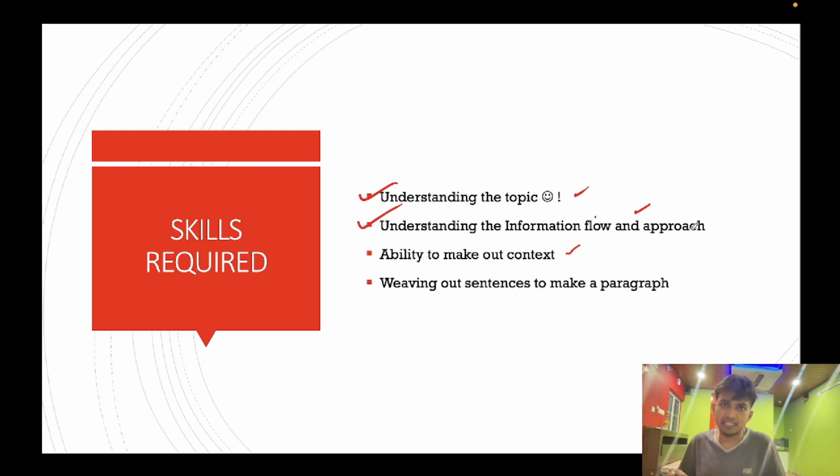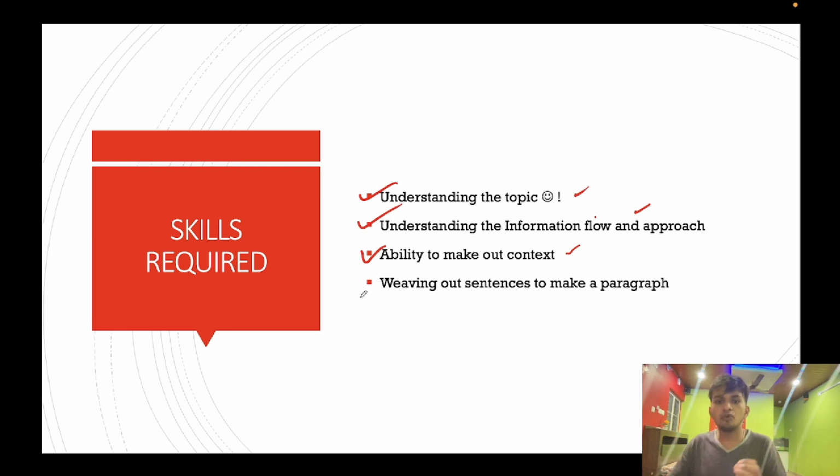He might be criticizing something, so his criticisms in the order of what happened to him might be the flow of the paragraphs. So you need to make out the context of the paragraph. You need to make out the context of each sentence and then figure out how the paragraph would be structured. I'm not saying you'll be particularly sure about how it will be structured, but you need to have a basic skeletal idea of how it could be structured or how it would be structured.